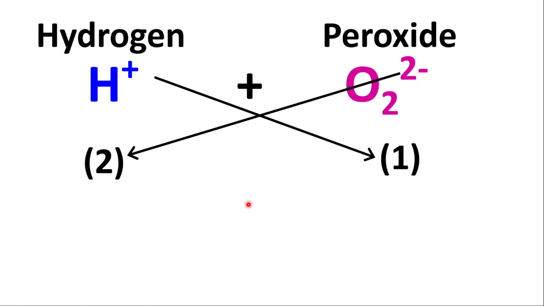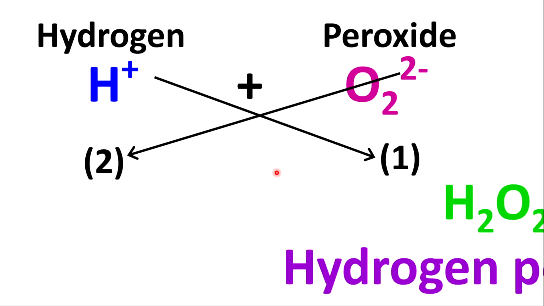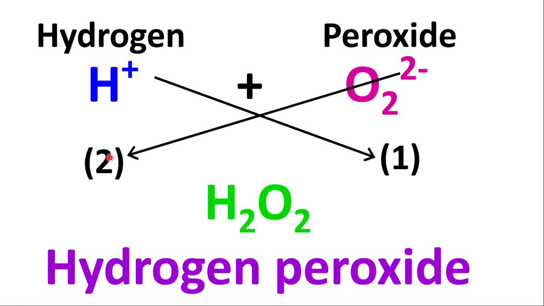So to make this compound, it requires 2 atoms of hydrogen and 1 molecule of O2. Therefore, what you will get as a formula is H2. Notice the H multiplied by 2 and the O2 multiplied by 1. So it is H2O2, and that is the formula for hydrogen peroxide.